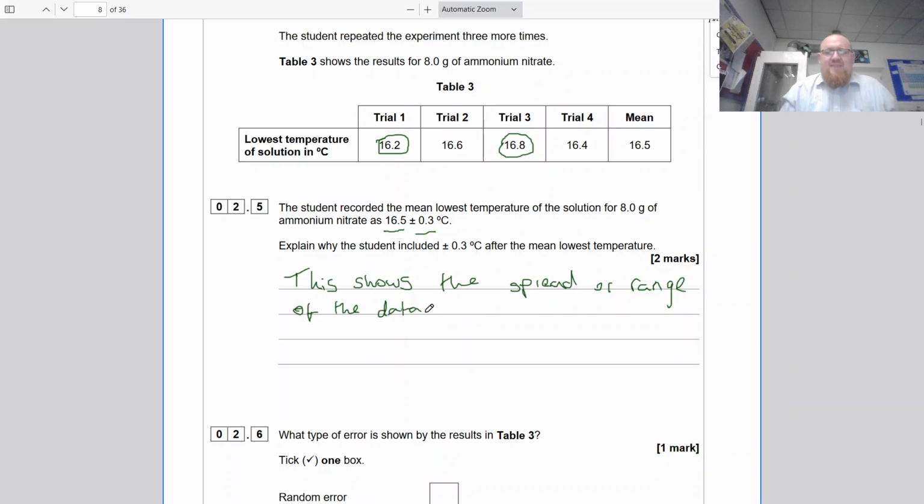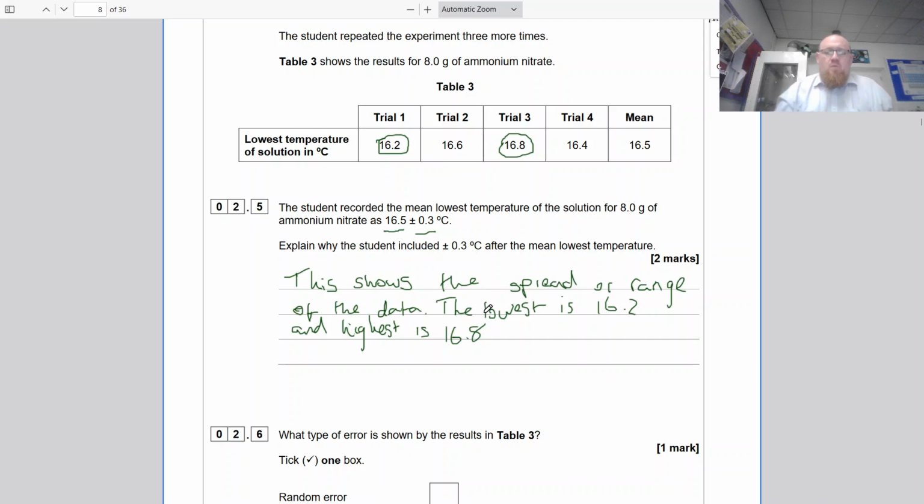And just to add that little bit, because it's a 2-mark question, just saying the lowest is 16.2 and the highest is 16.8.